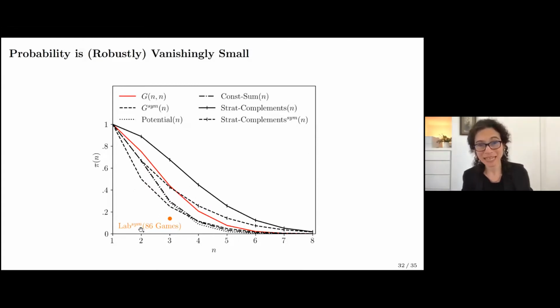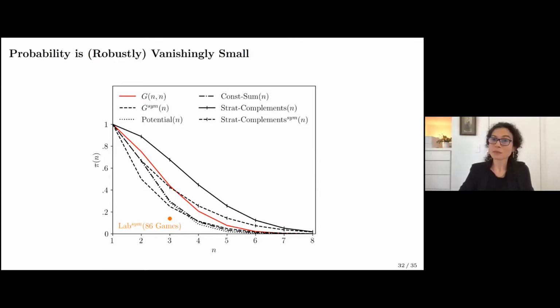In fact, the lab games are really below. Even the strategic complements games that seem to suggest a more positive image of the probability of dominant solvability converge to 0 very quickly. So by the time you get to an 8x8 game, this probability hovers around 2%.